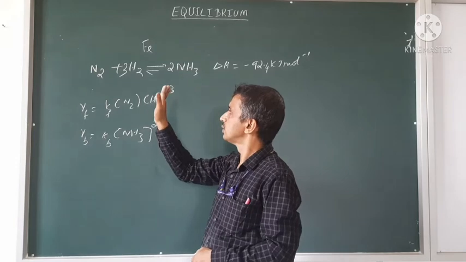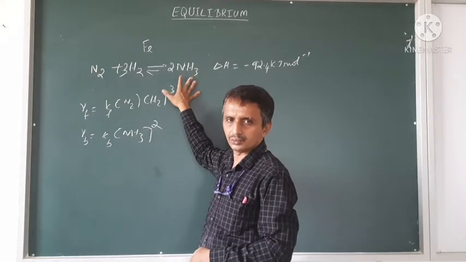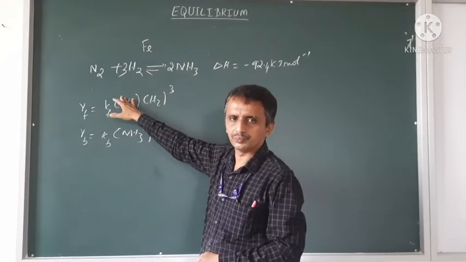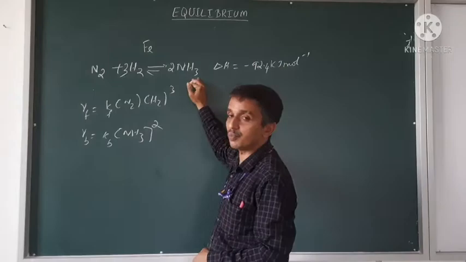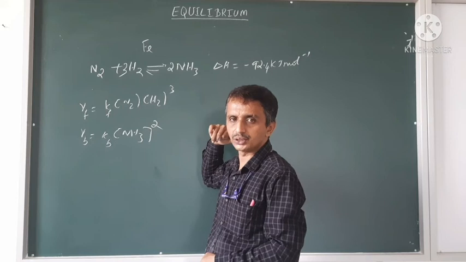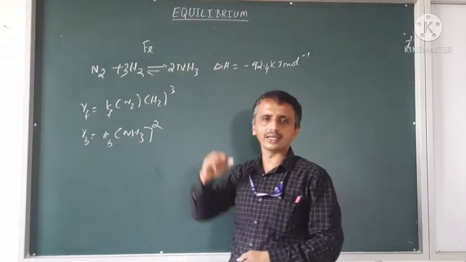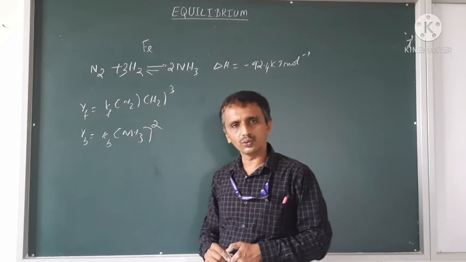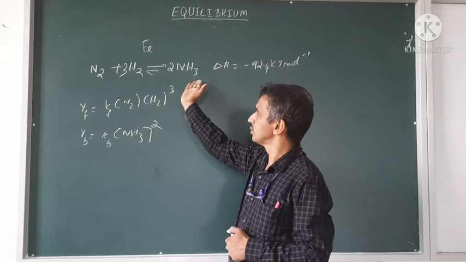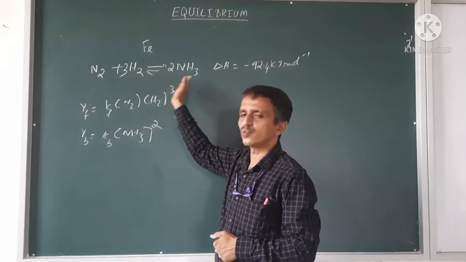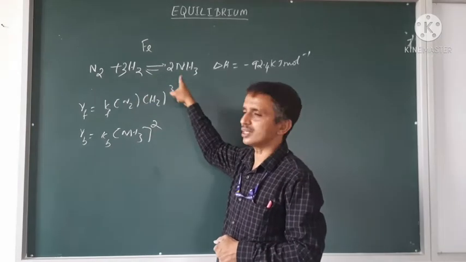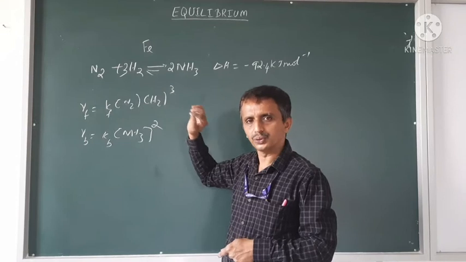Because if I don't alter the conditions, when the ammonia is formed, it will decompose. I don't want that much decomposition of ammonia. Then the direction should be shifted to the right. That time you have to go for 700 Kelvin, and around 200 atm pressure, high pressure. Because as the pressure increases, forward is favored. Equilibrium shifts to the right to decrease the number of moles. Okay, so that will be there.